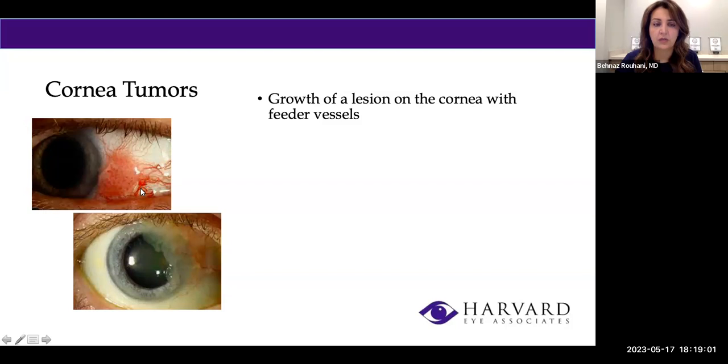These are feeder vessels, meaning they're feeding the lesion to grow more and more over time. Sometimes patients feel they have had the growth for a while and think it may be a surface eye growth or pterygium, but it is actually not. So evaluation of these, further digging into the potential reason and cause, is very important prior to cataract surgery.